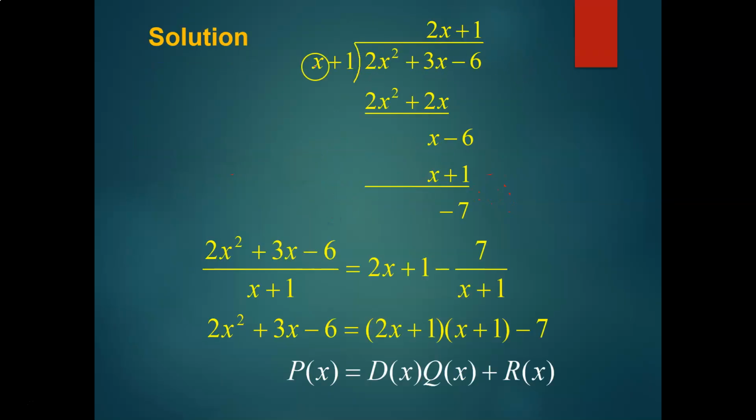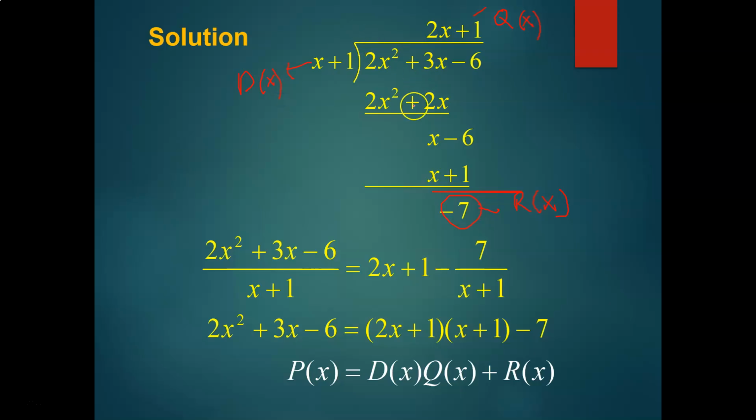It becomes like this. This is your dx, divisor. This is your quotient. This is qx. This is your Rx.